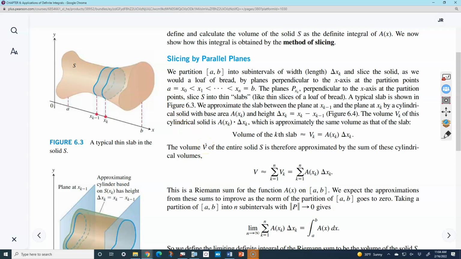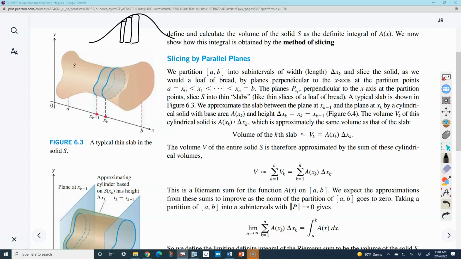All right, this is kind of showing the same thing. Kind of like we did with the curve, where you had rectangles fitting into that curve to approximate the area of the curve.